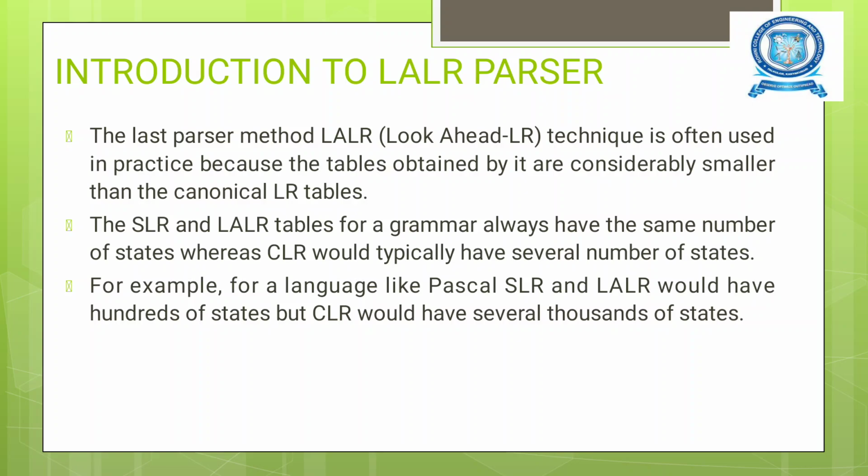CLR has more states because it has two components in each item, and the second component alone differs for some collections of items. In LALR, the common items that differ only in the second component are merged together, so the LALR has fewer states than the CLR parser.